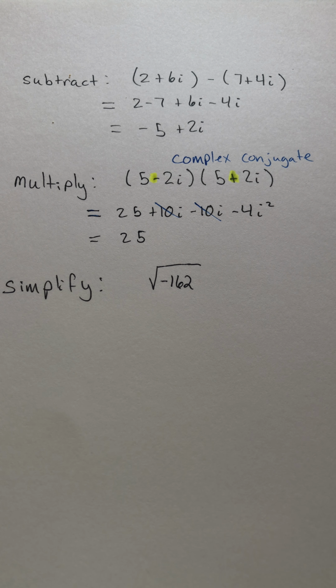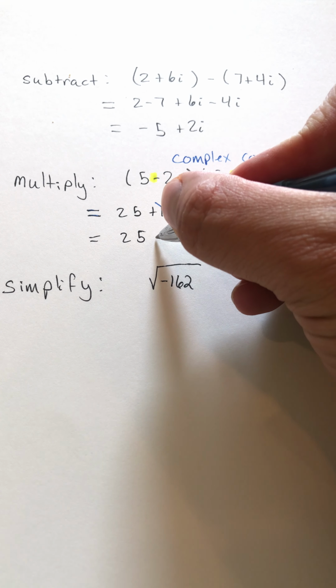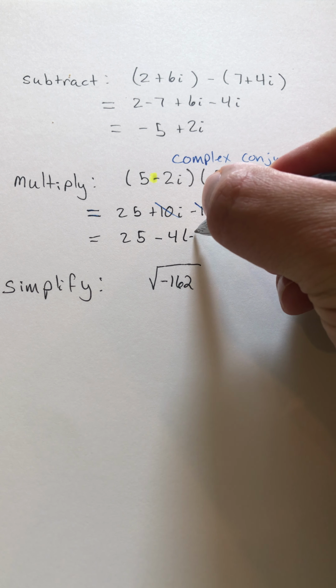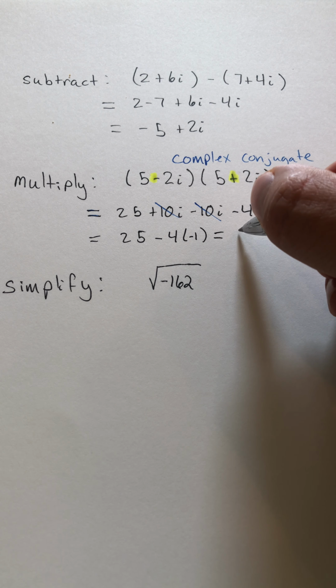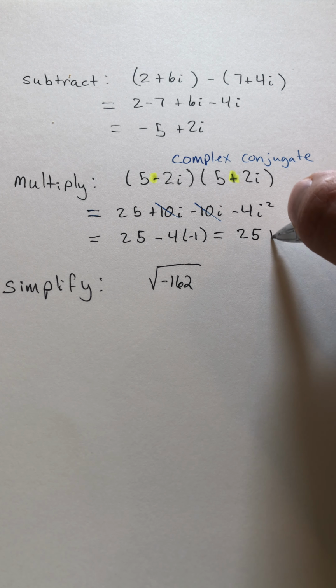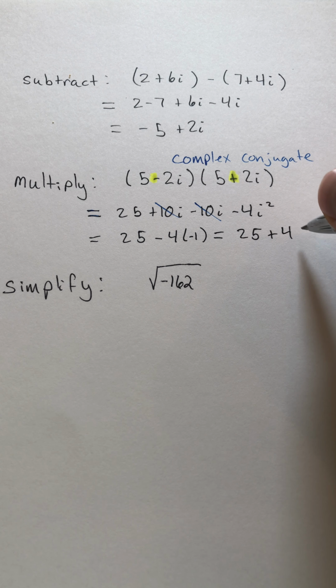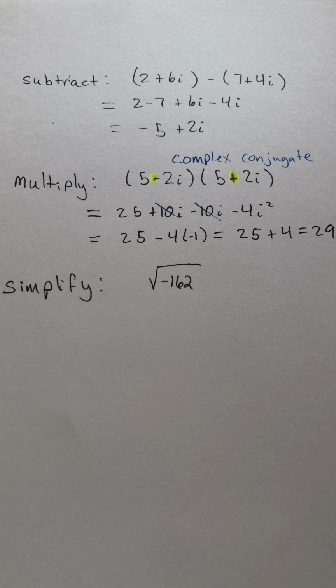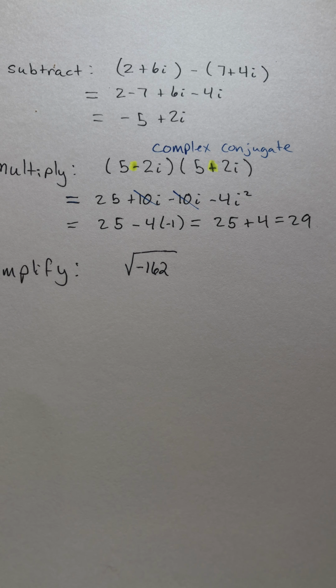Plus 10i minus 10i will cancel out. And then remember, i squared is -1. So -4 times -1 is 25 plus 4, which is 29. So when you multiply complex conjugates, you get a real number.